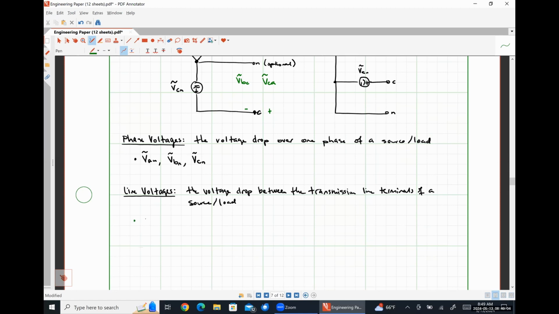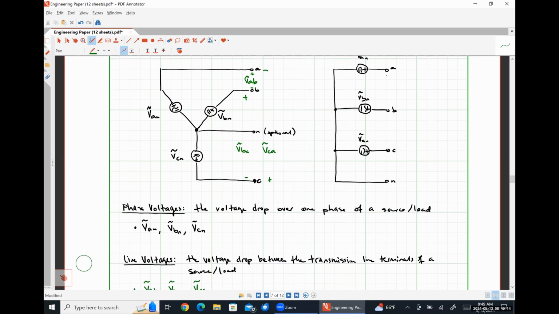So I'm going to call this VAB, VBC, and VCA, like so. And I'm going to label them over here on my other representation. So once again, our line voltages are literally just measured between our transmission line terminals. So here we have VAB, VBC, and VCA.